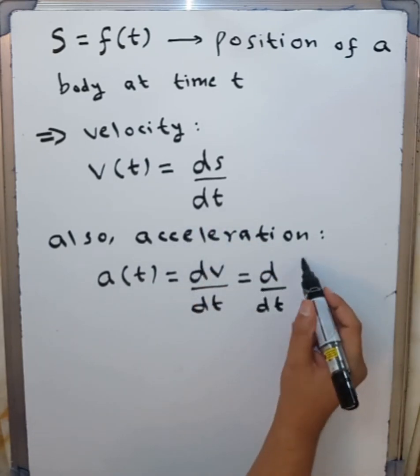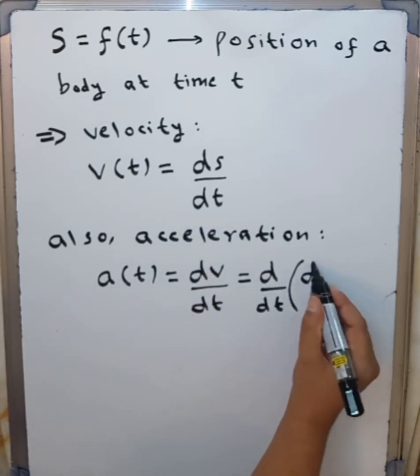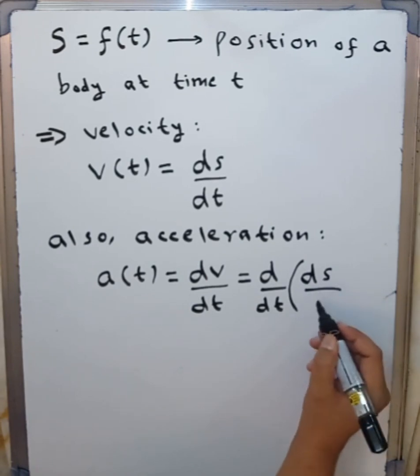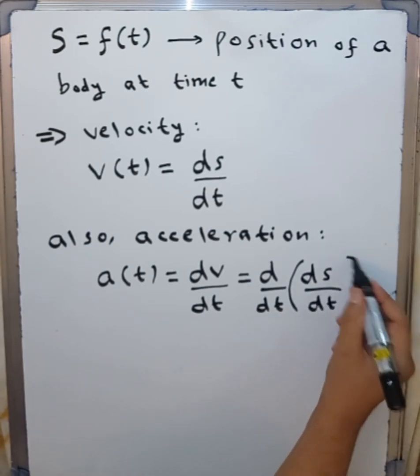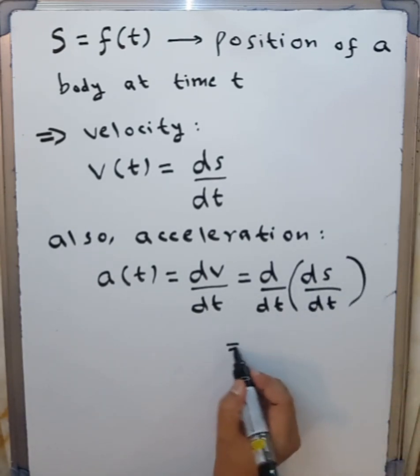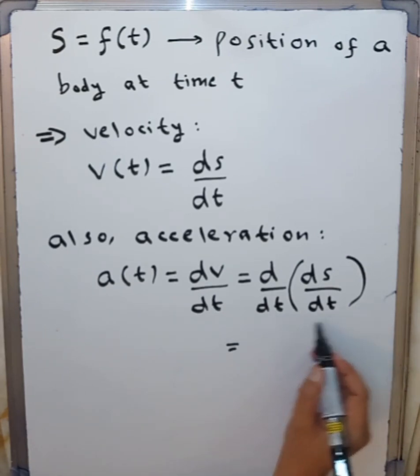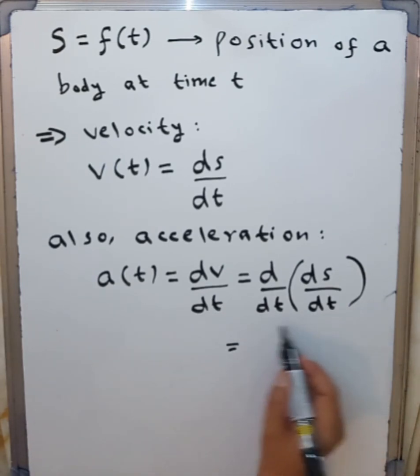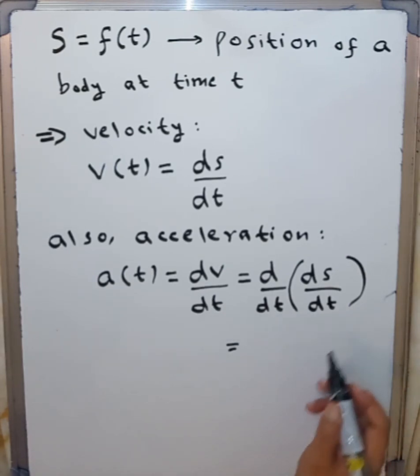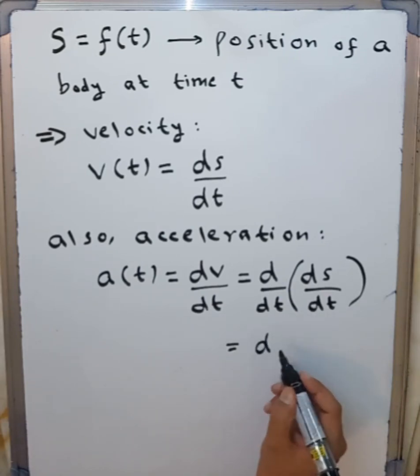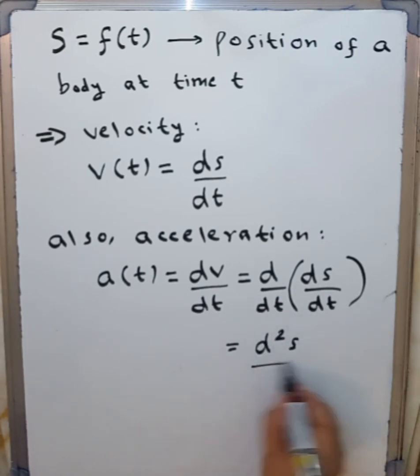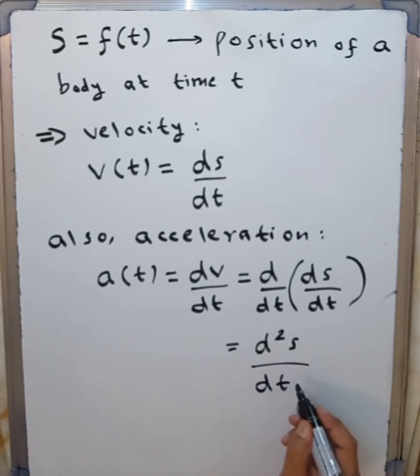So this becomes d by dt of ds by dt, and this we have already discussed. This is the second order derivative. So this we can write it as d2s by dt square.